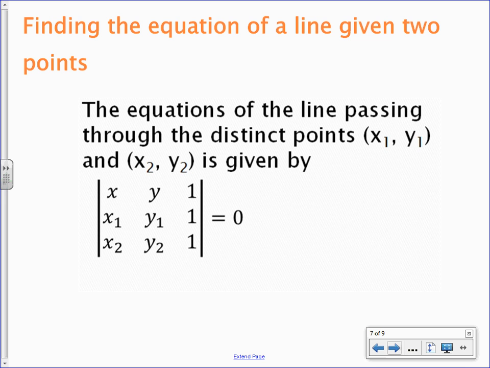So we have 2 points. We're going to make a generic XY. We know if it's a line, this determinant is going to be 0. So we're going to solve it out, and we're actually going to get the equation of the line.